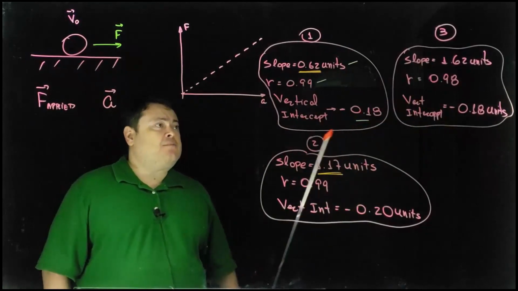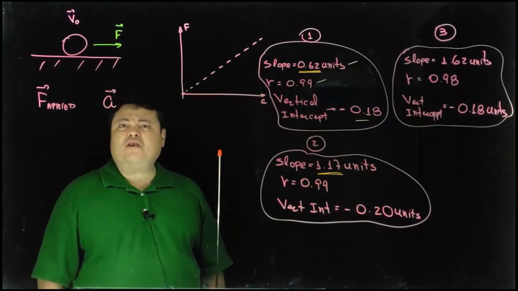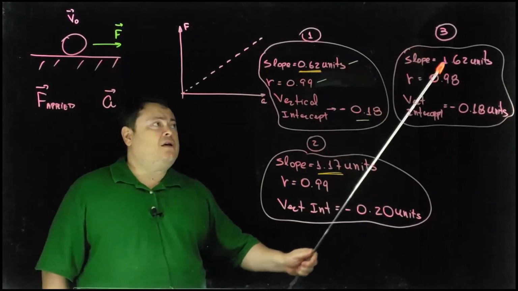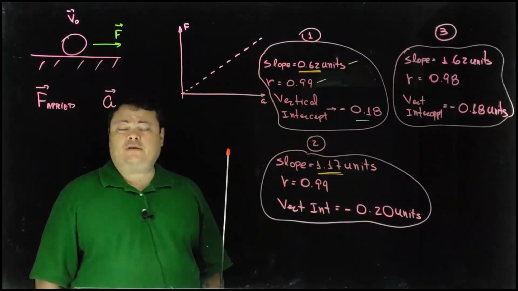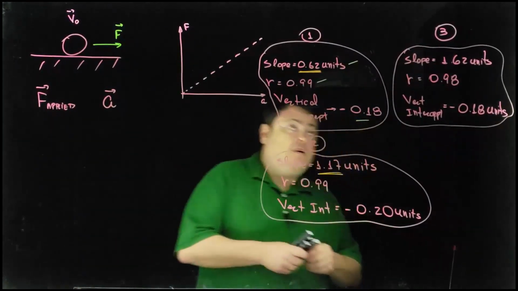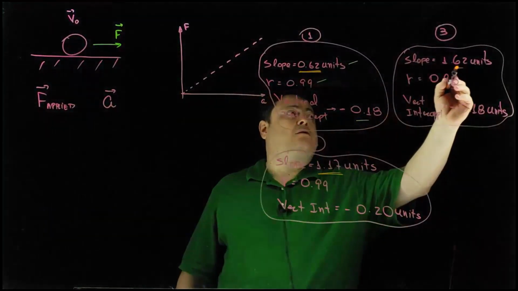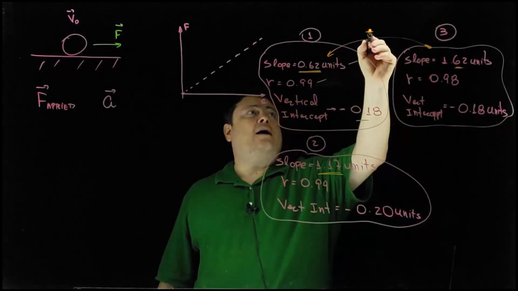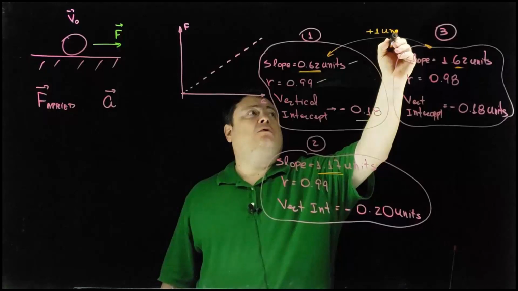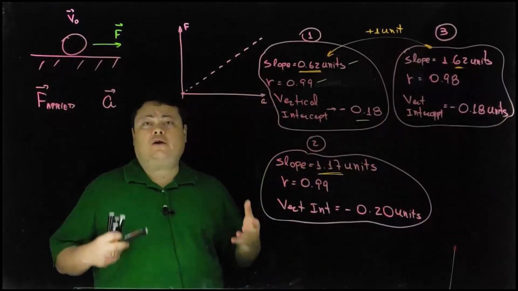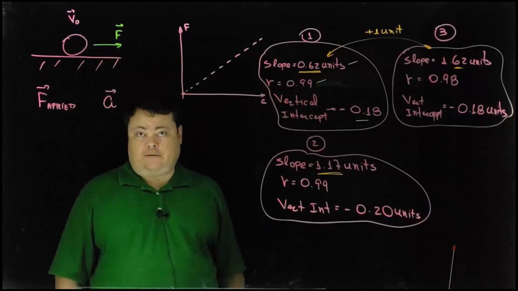A vertical intercept still of about negative 0.18, which is almost 0, and finally a slope of 1.62 units. Notice that from the first to the third, I actually add 1 full unit when I added 1 full kilogram of mass on my system.